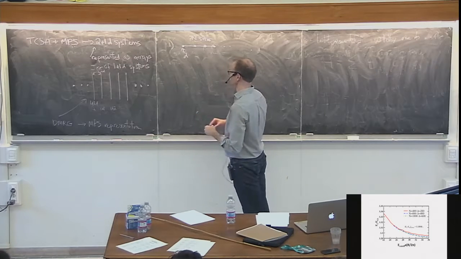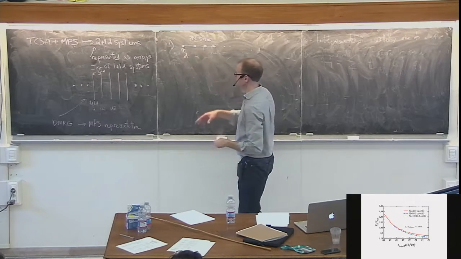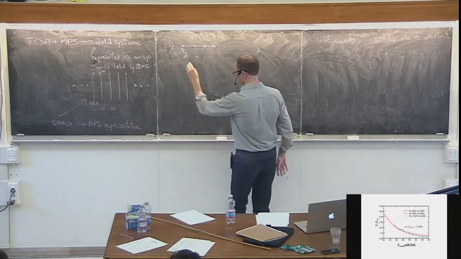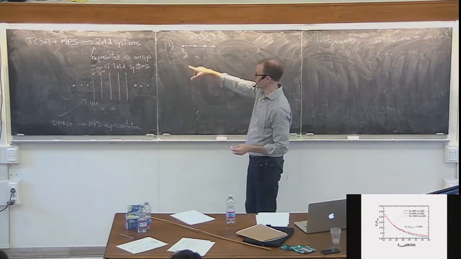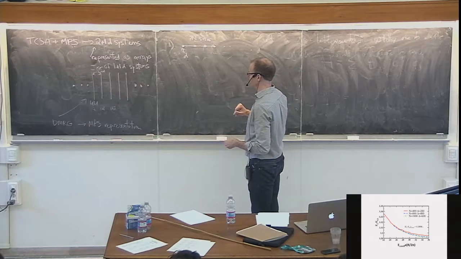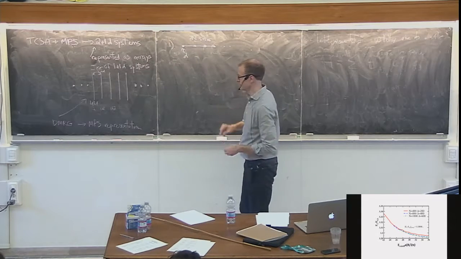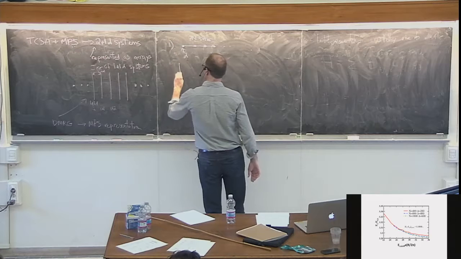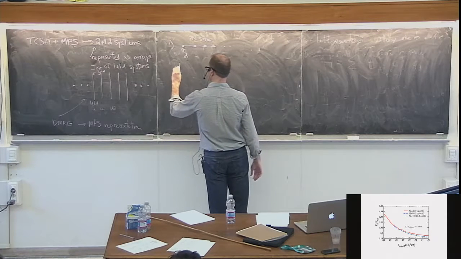So if this was a spin system, then the spin would have d states on any given site.